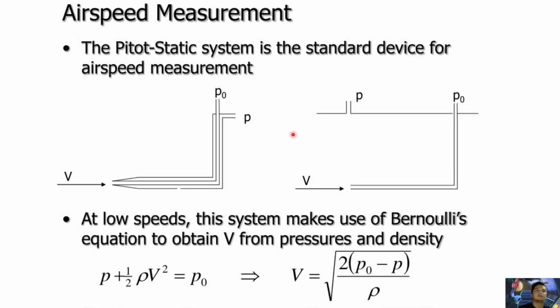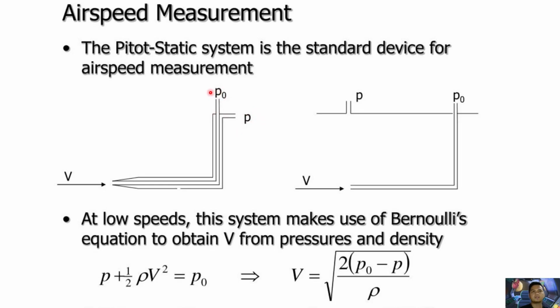So again, pitot-static system is the standard device for airspeed measurement. So sa airspeed measurement, we have the P sub O. So yung P sub O na to is total pressure or stagnation pressure. Yung P na yan is the static pressure or the ambient pressure.